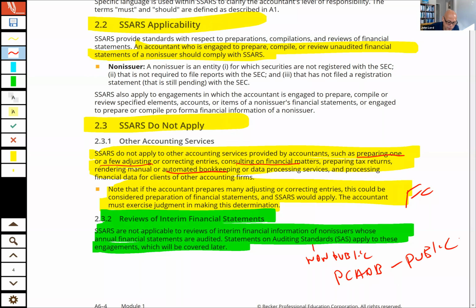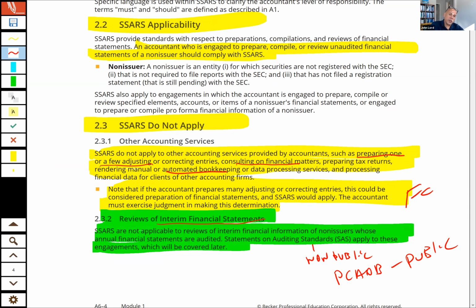And the reason when we do an interim review, we're doing a review of, say, quarterly statements. And companies typically don't prepare quarterly statements unless they're building up to what? A set of year-end financial statements, and those year-end financial statements will be audited.